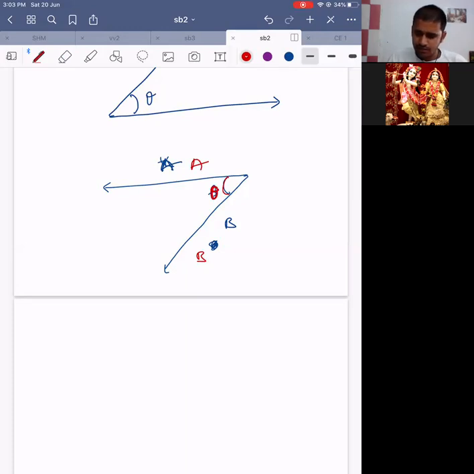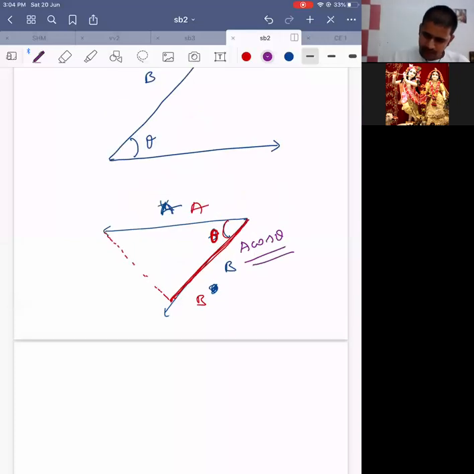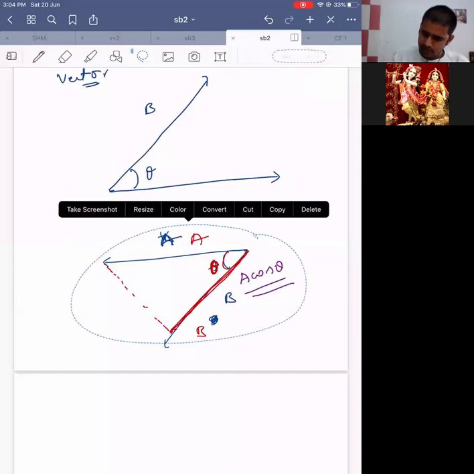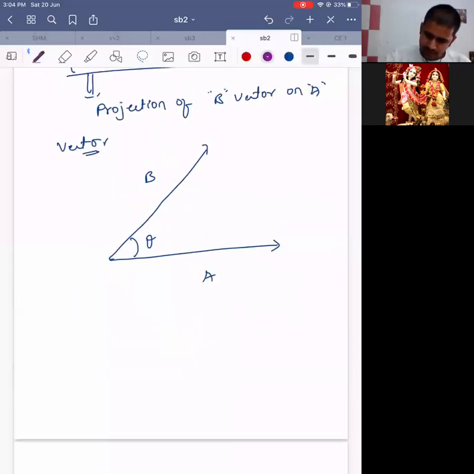What is the projection of A on B? Just directly draw a line. This length will be the projection of A on B. The value of this will be A cos theta. To explain again, listen again. There is an A vector and a B vector.